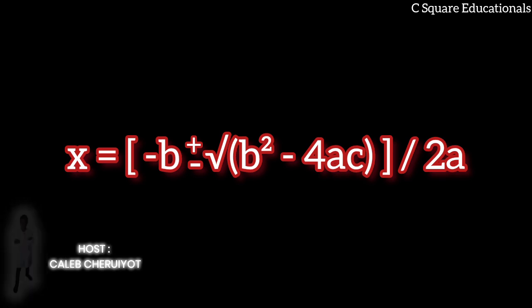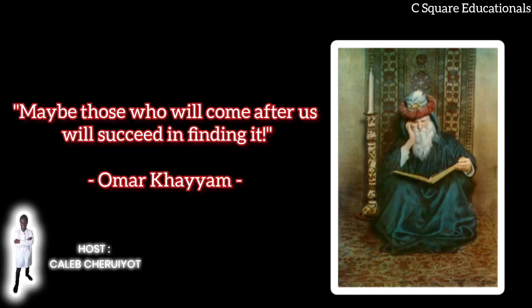The same approach was taken for the cubic equation, with the search for a general solution bearing no fruit. No wonder Omar Khayyam wrote, "Maybe one of those who will come after us will succeed in finding it."